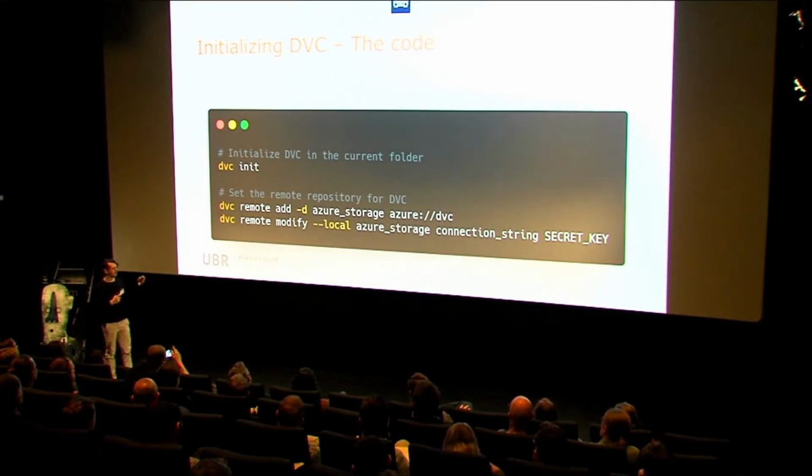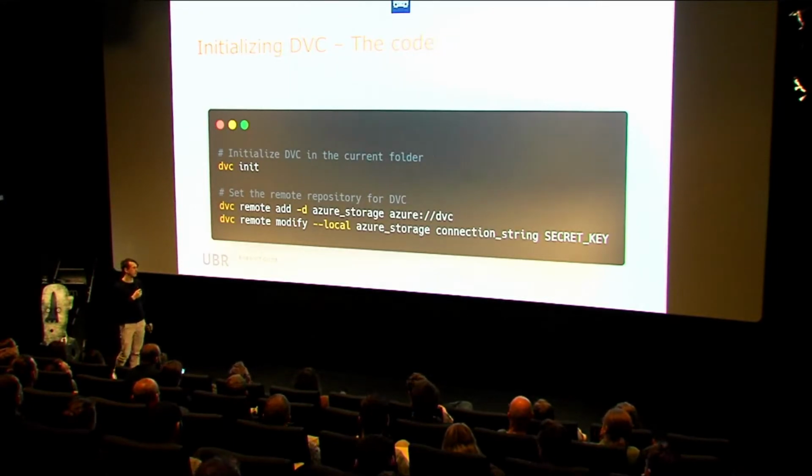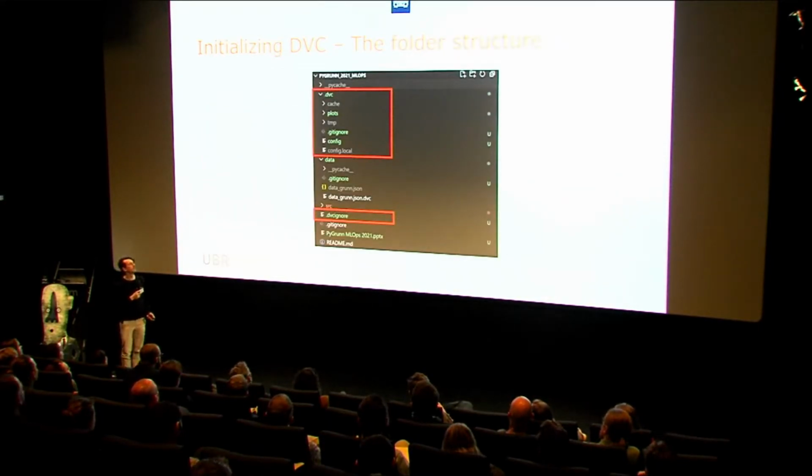So having a remote storage is, at least in my sense, a requirement, so you can put everything there. I just chose Azure Storage here specifically, and you can see the documentation if you need to add some other sources. So maybe going specifically into the folder structure, what happens there then?